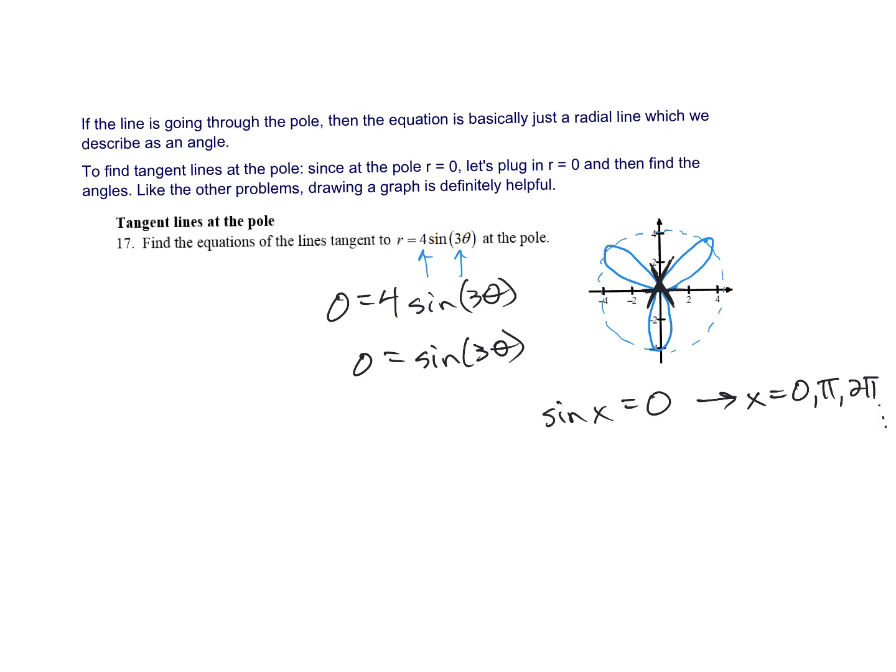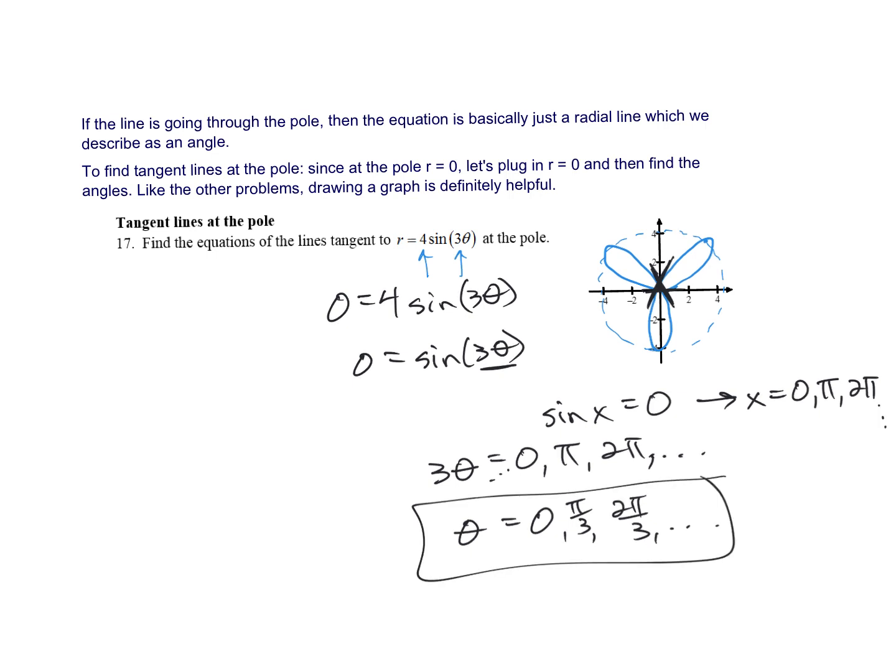So all I do is I just think, well, then 3 theta is all of these things, 0 and pi and 2 pi and forever in both directions. And then we just divide them all by 3 to get theta. So it'd be 0 and pi thirds and 2 pi thirds forever, like that. And that'll give you all those tangent lines.